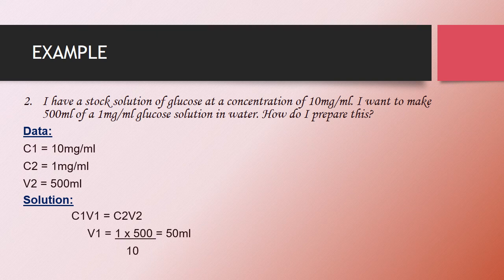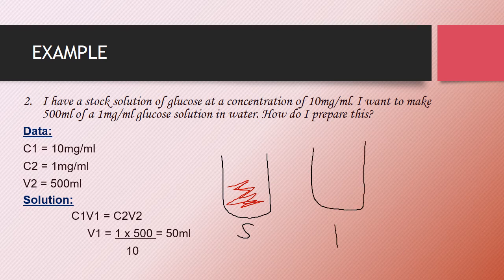What does this answer mean? This means that we have a stock solution whose concentration is 10 mg per ml, and we have a final solution which we are preparing. So this means that we are taking 50 ml from this stock solution and for the rest of the volume we add distilled water to make a volume of 500 ml.